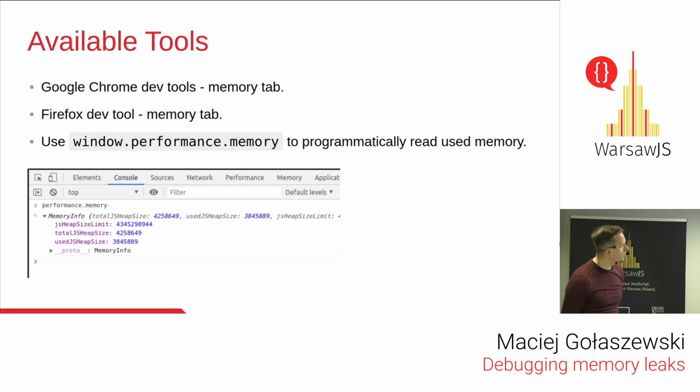If you need to check something programmatically, there is also the performance.memory object, from which you can read what the used heap size is, so how much memory your application is using right now.